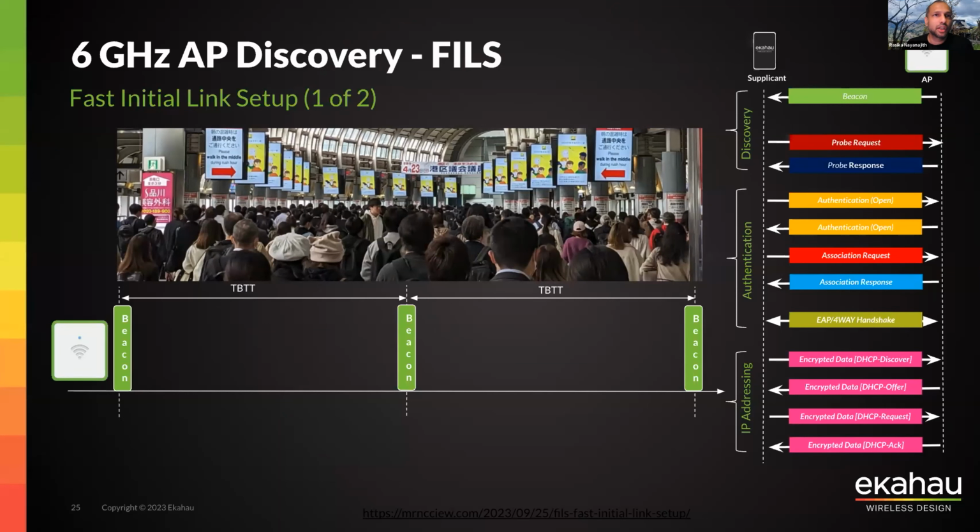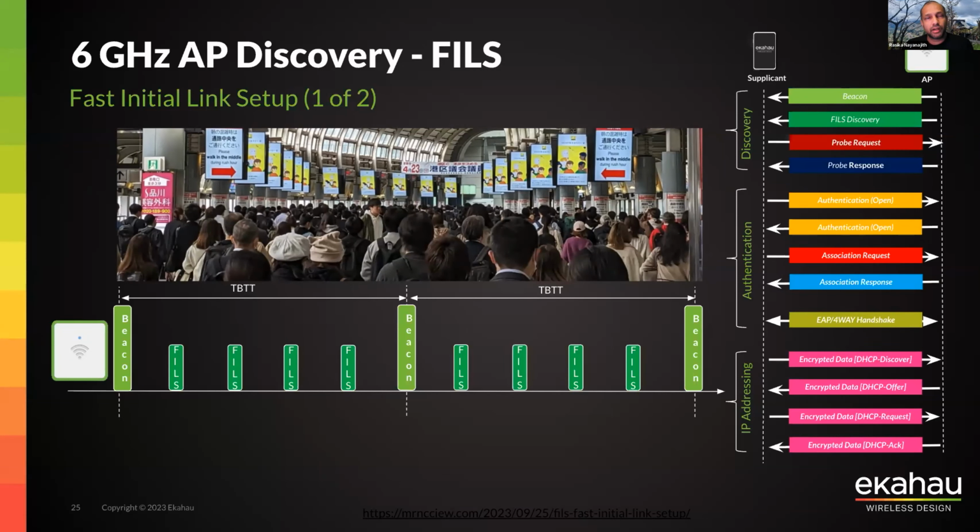It doesn't give the client time to even discover the SSIDs. So in that kind of scenario, they said, why not advertise a small frame, what we call a FILS discovery frame, every 20 milliseconds? The idea is that the client can use this FILS discovery frame to discover the SSIDs rather than waiting for the beacon frame.